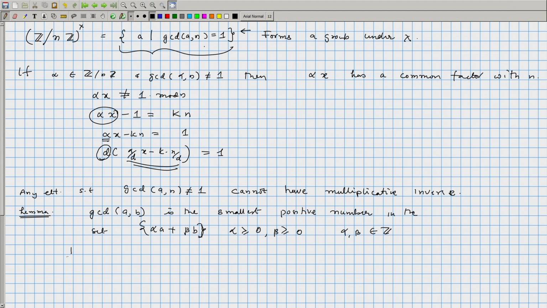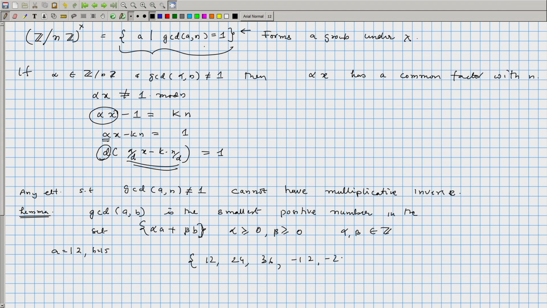If you look at, let us say, 12 and 15, okay, the numbers that you could form are, let's write a few of them. 12 is possible, 24 is possible, 36, and the negatives of these are all possible.